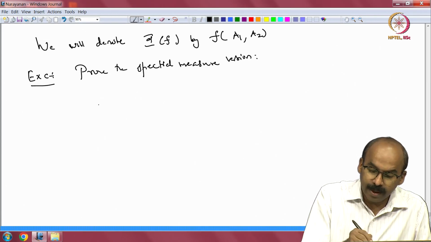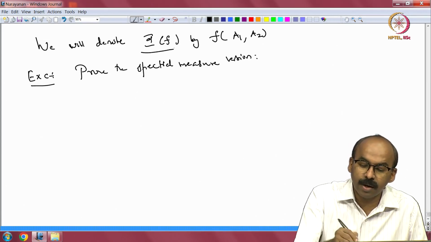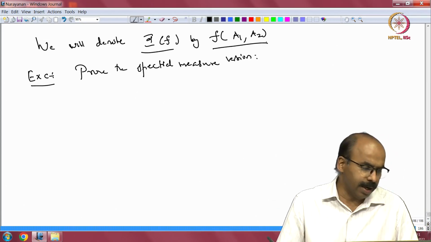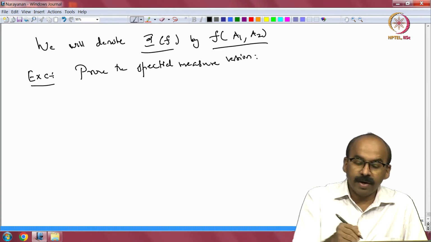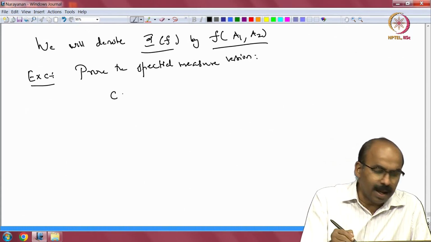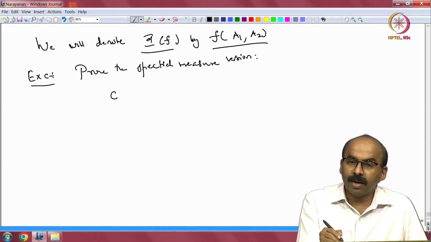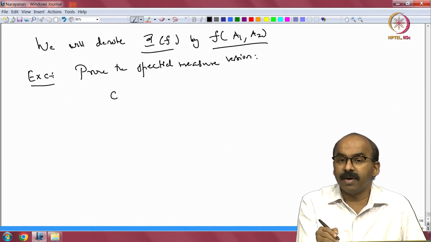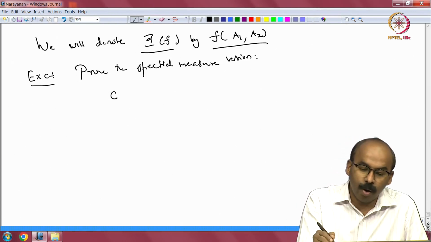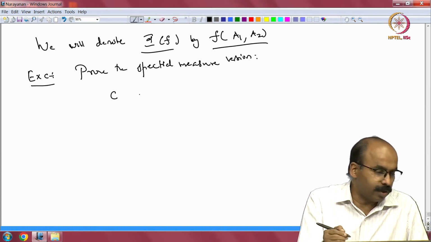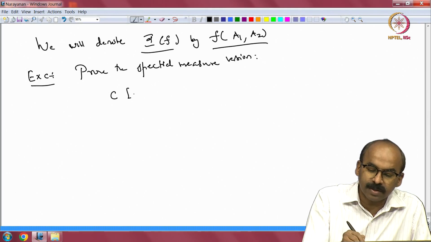Phi f is denoted by f of a1 a2, right. So, you have continuous functions on, I will keep writing minus 1 1, it is actually minus norm a1 comma norm a1 cross the same for norm a2, right. So, instead of writing all that, I will simply write minus 1 1. Okay.